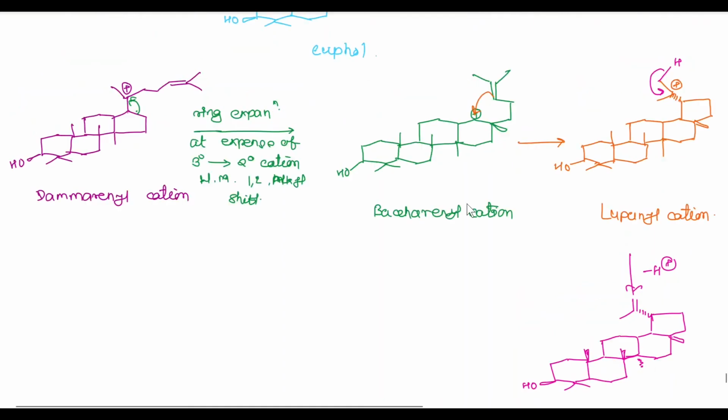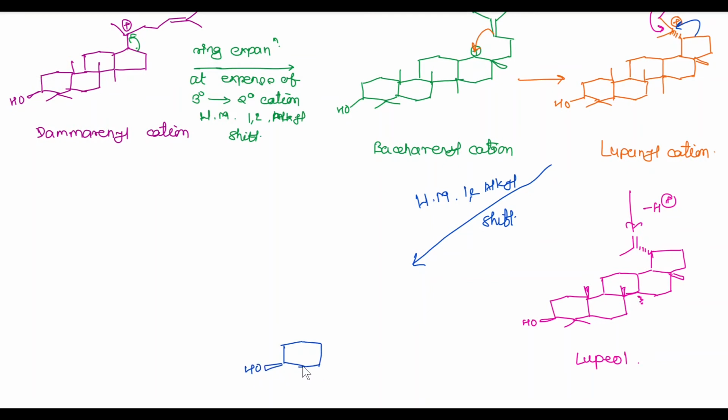And instead of H plus, if we shift this carbon-carbon bond onto this carbocation, that is a Wagner-Meerwein 1,2 alkyl shift, and we get a new carbocation. Here a positive charge.